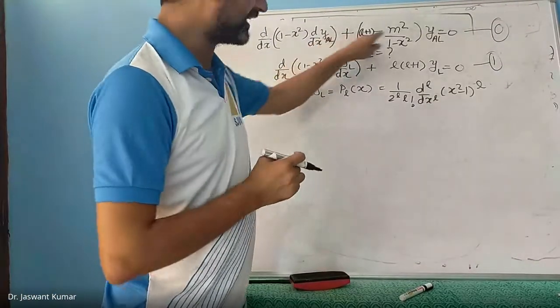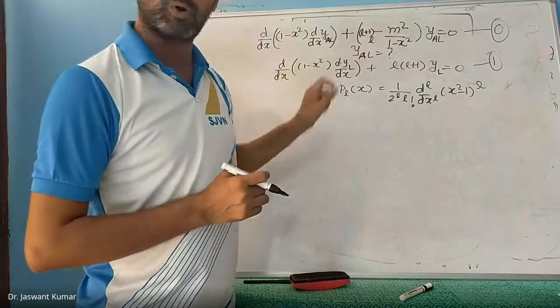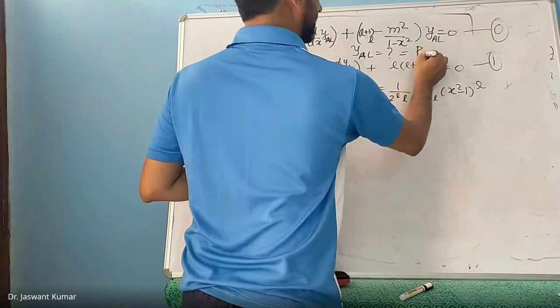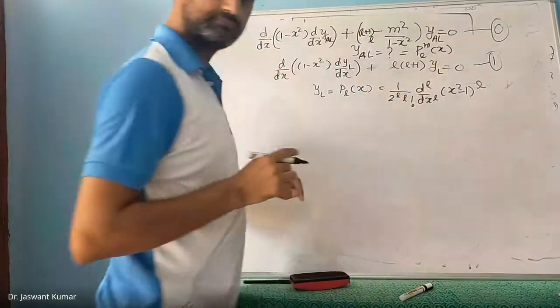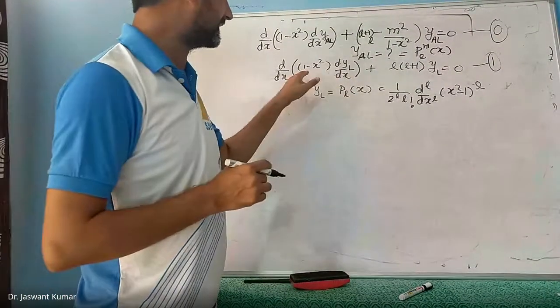And since this equation contains l and m both, this y will also be called P_lm of x, just like this y_l was called P_l of x because it only contained one l.